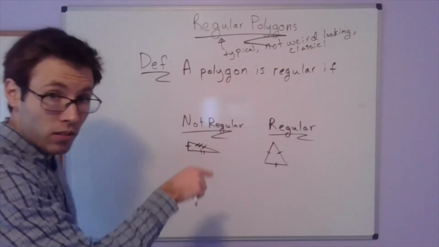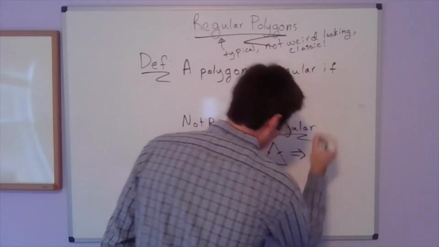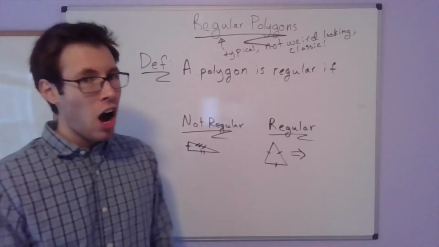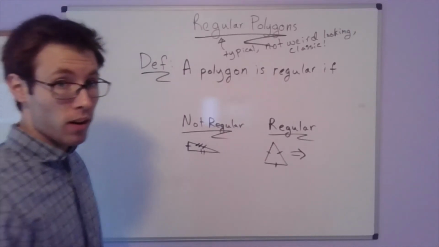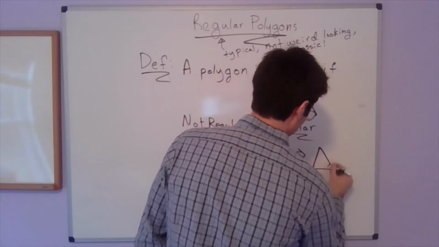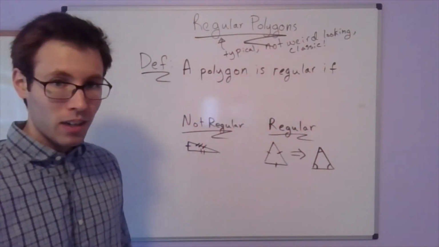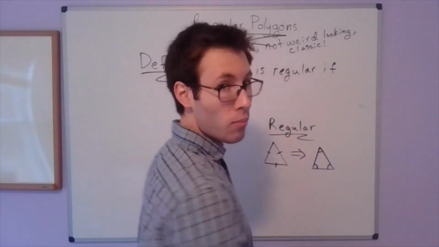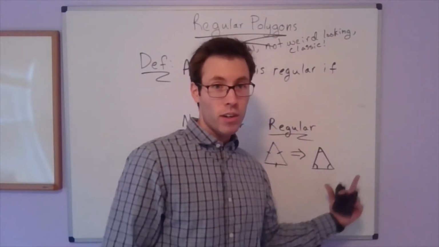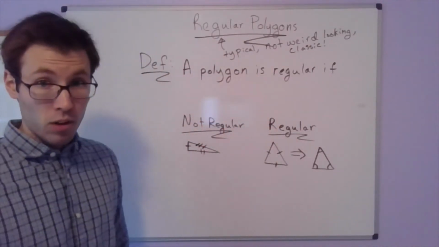If you have an equilateral triangle, that means automatically, and we proved this before, that triangle is also going to be equiangular. We also showed in class, if you're stuck with some random equiangular triangle, that automatically it's going to be equilateral.